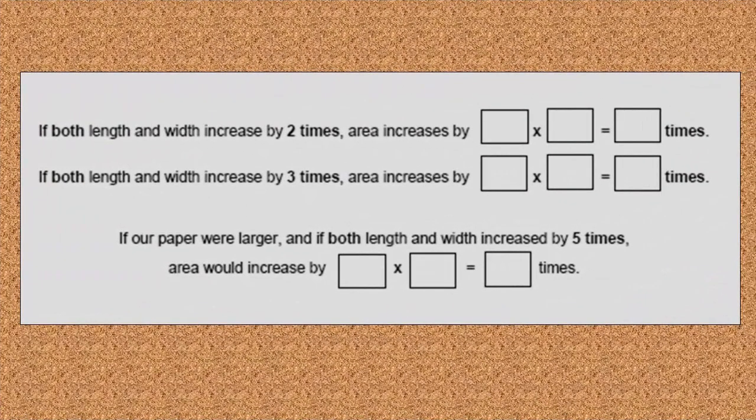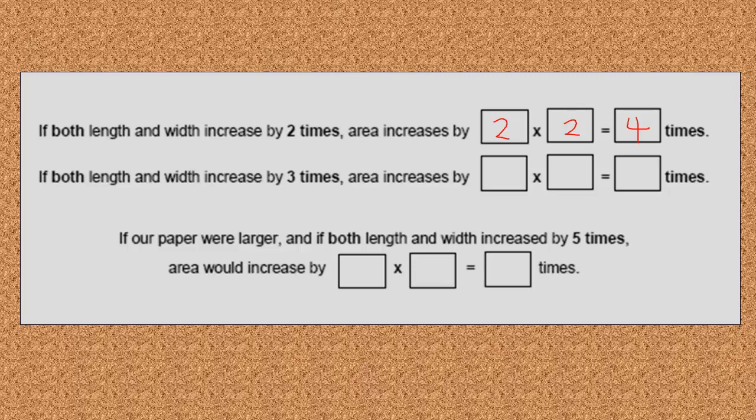This is the way that it will work every time whenever both the length and the width are increased by a certain number of times. So if both length and width increase by 2 times, area increases by 2 times 2 for a total of 4 times as much area.